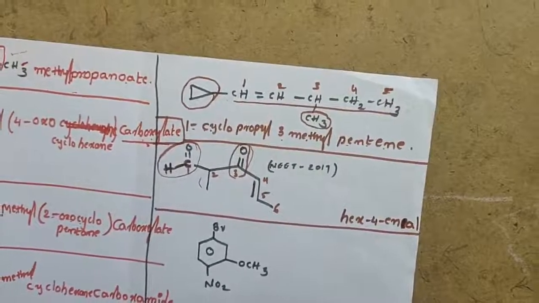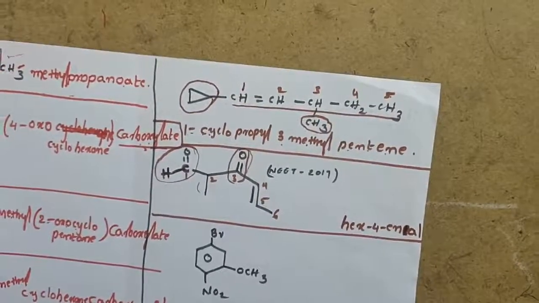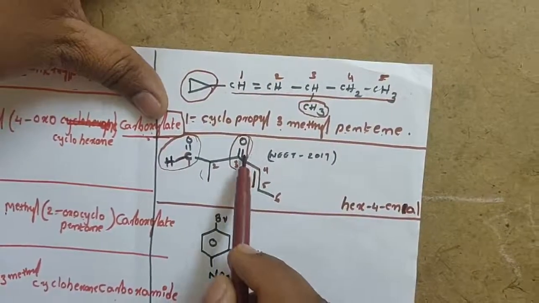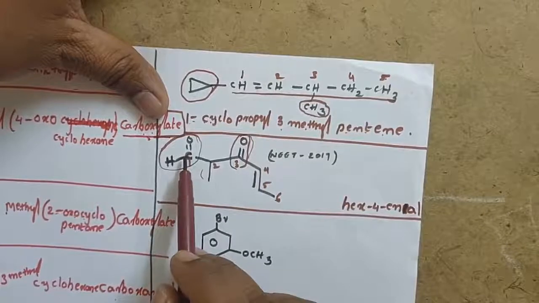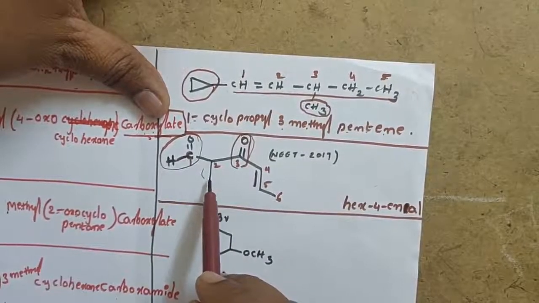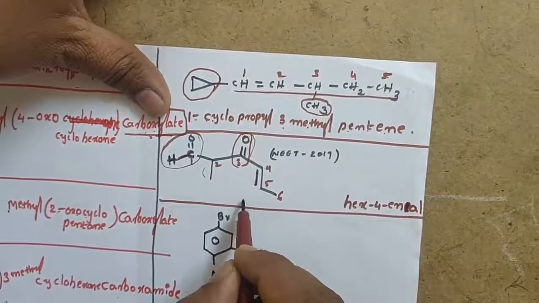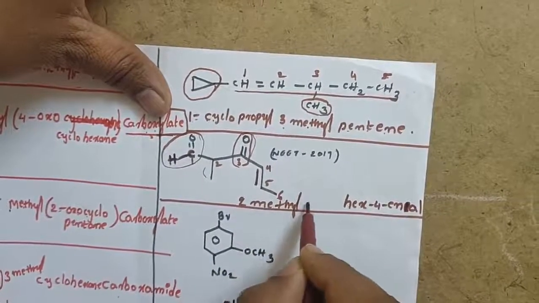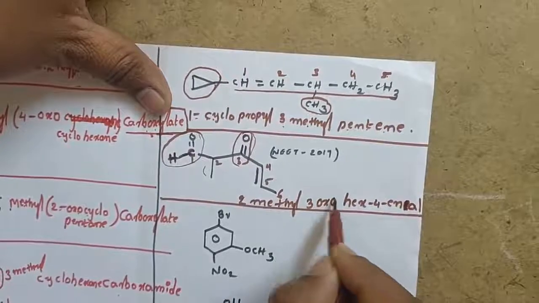According to alphabetical order, M comes first and O comes next. That's why 2-methyl, 3-oxo.